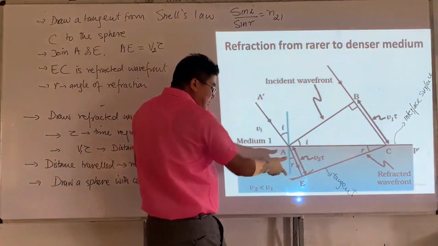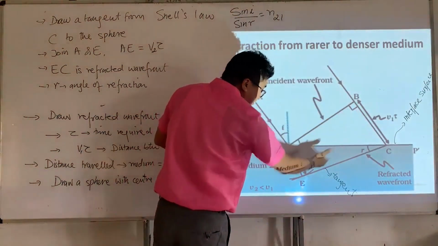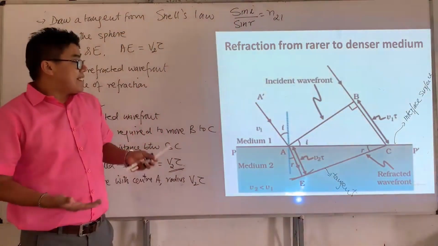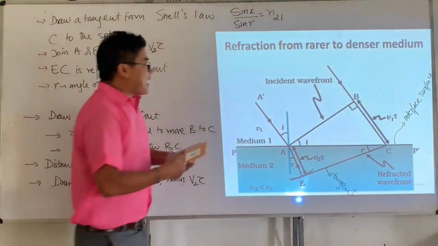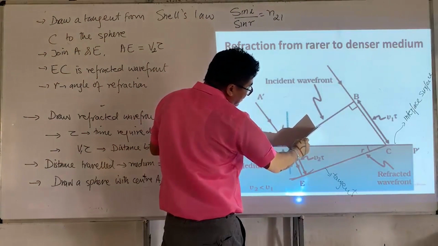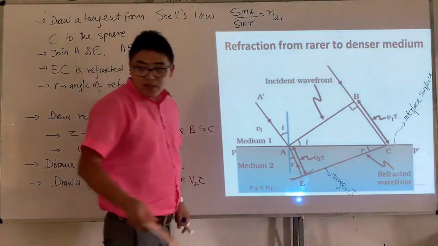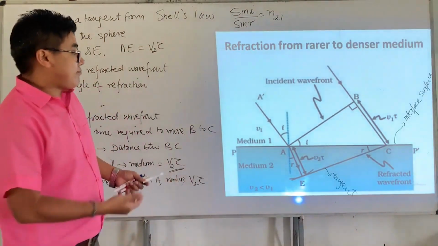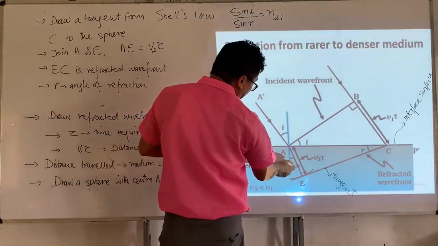So when you draw a sphere with this radius, and once you draw a tangent, we obtain the refracted waveform. So this is the angle of incidence and this is the angle of refraction.